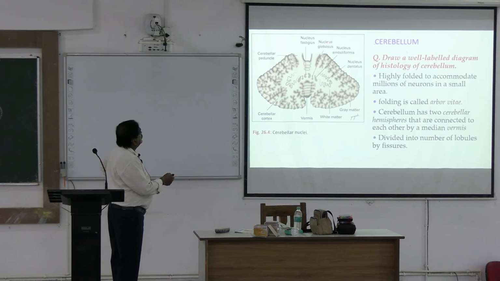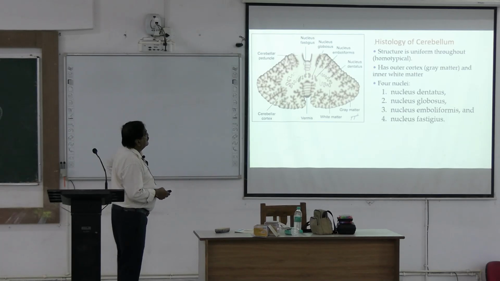And these are the nucleus globosus, nucleus fastigius, nucleus emboliformis, and nucleus dentatus. Now this is the vermis, this is the white matter, this is the grey matter.